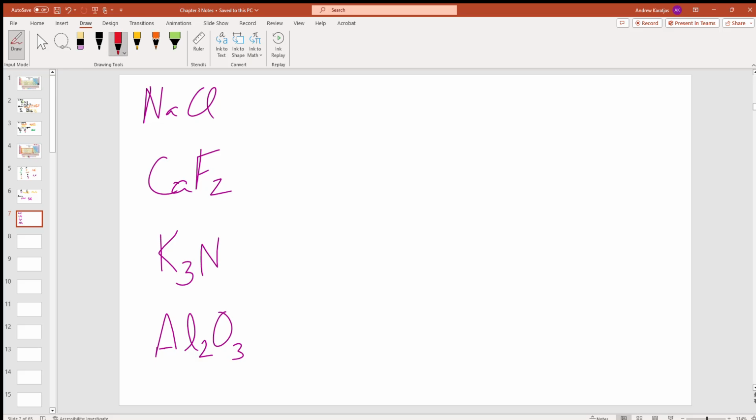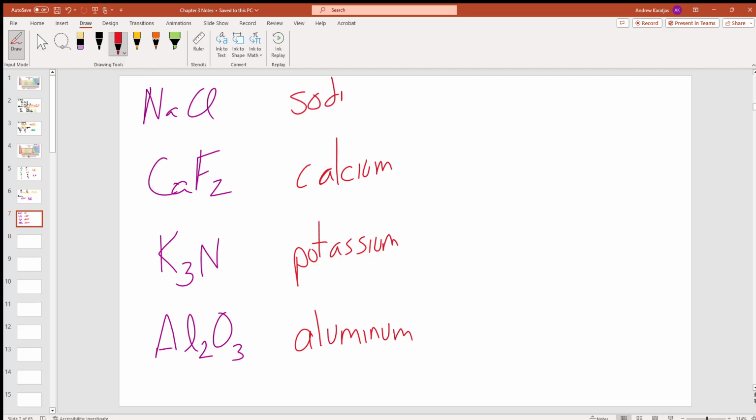So in each case, we're just going to start with the name of the cation or the name of the metal. And so all we've done is we've written out the name of the cation: sodium, calcium, potassium, and aluminum.